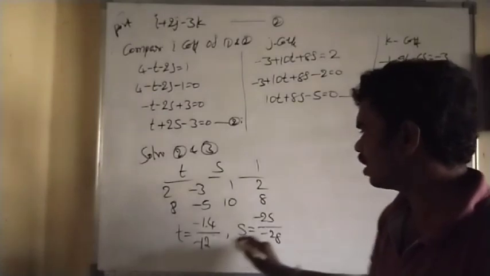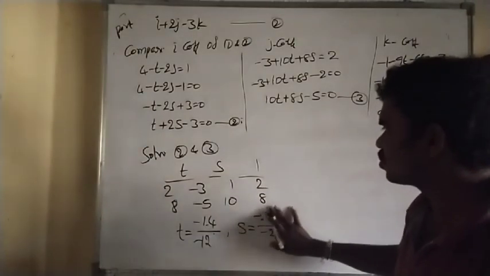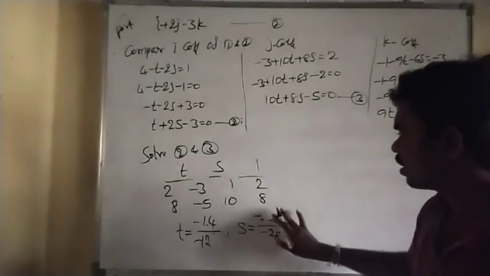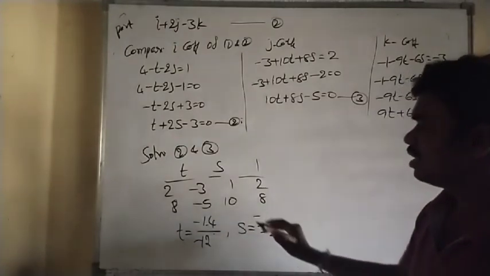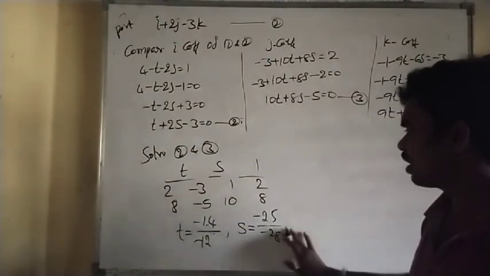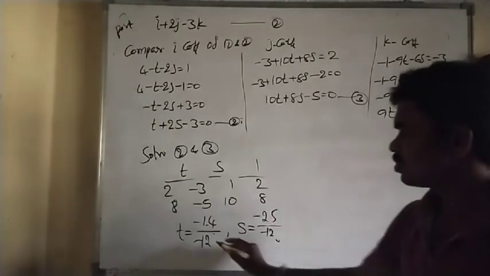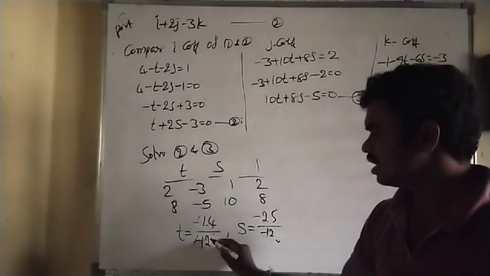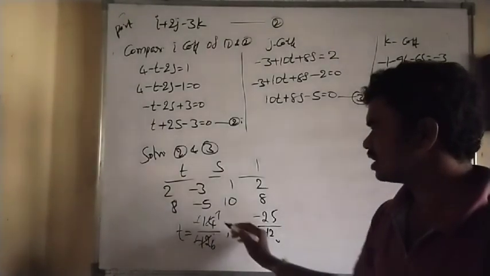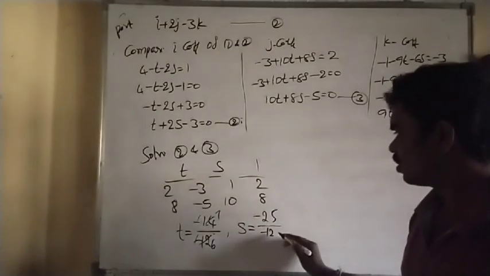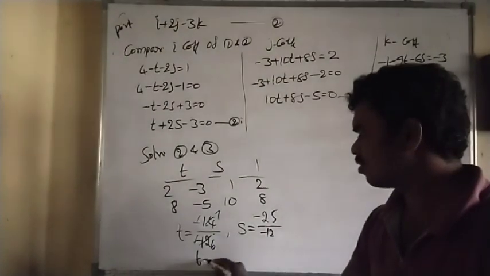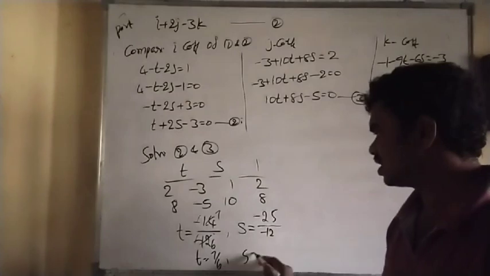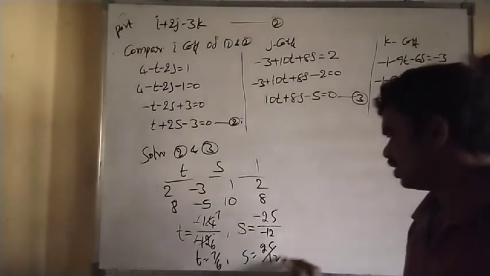Next, the same for s, a small change: minus 3 into 10, minus 30 plus 5, it is minus 25 by minus 12. The minus signs cancel. Dividing by 2, 6 times 2 is 12, so t equals 7 by 6, and s equals 25 by 12.